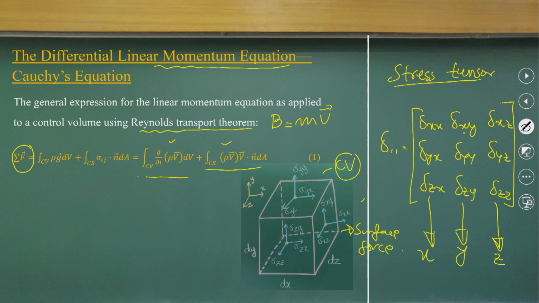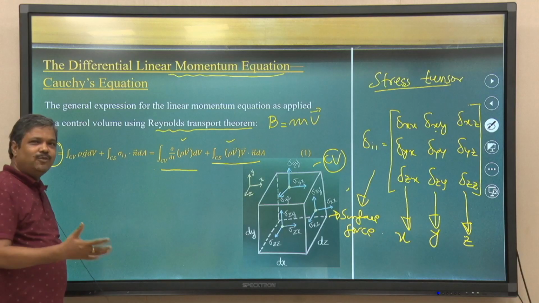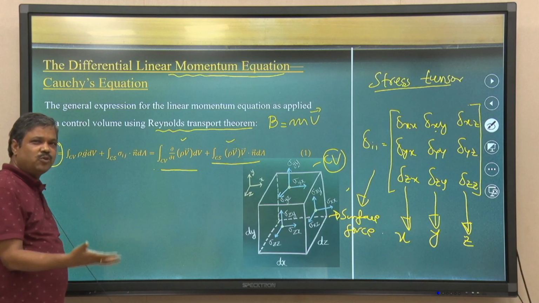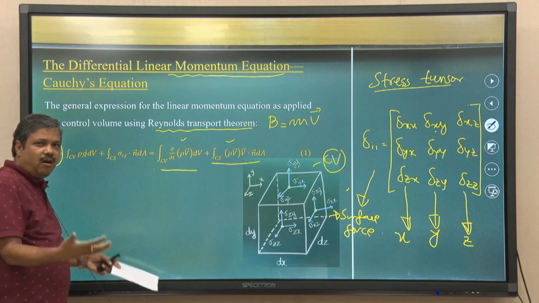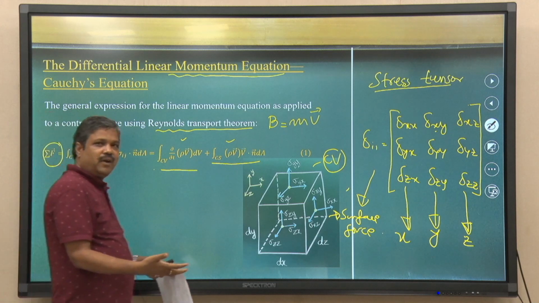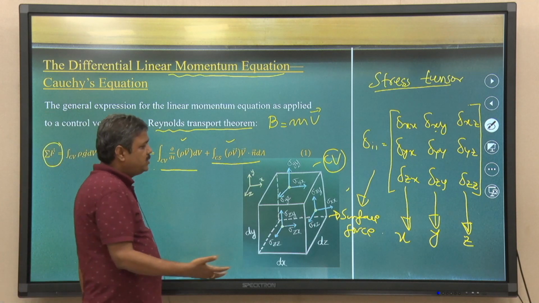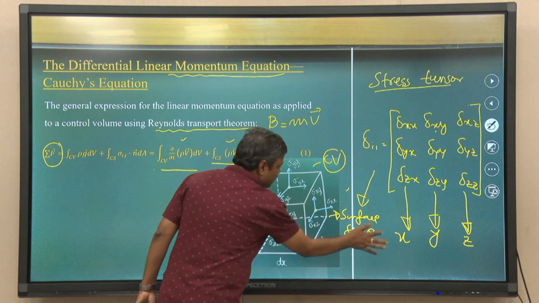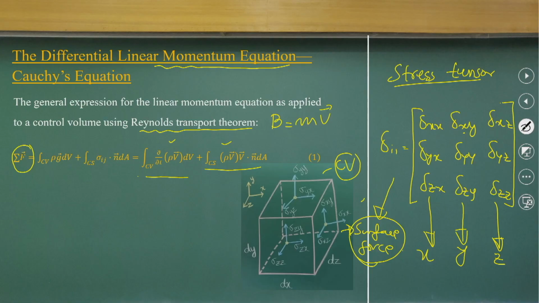If I multiply stress with area, I get the internal resistance force components acting on the infinitely small control volume, which give the surface force component.